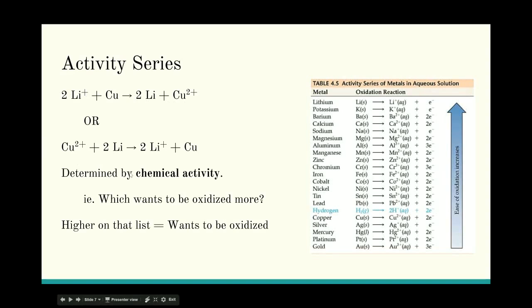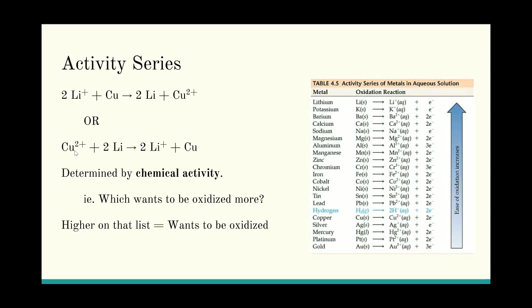The correct one is down here on the bottom. Lithium is going to be oxidized, copper is going to be reduced. Or to put it another way, lithium is the reducing agent, and copper is the oxidizing agent. Lithium wants to be oxidized so badly, it's going to force its electrons on copper, pretty much. They're both metals.